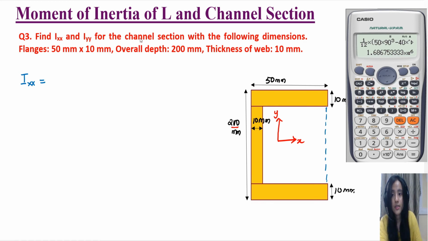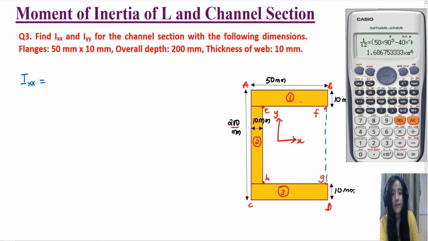I will be naming this section as A, B, C and D, and this inner portion E, F, G and H. Okay, and let me name this section here already, as section 1, 2 and 3. Now let us just find the moment of inertia about the xx axis.